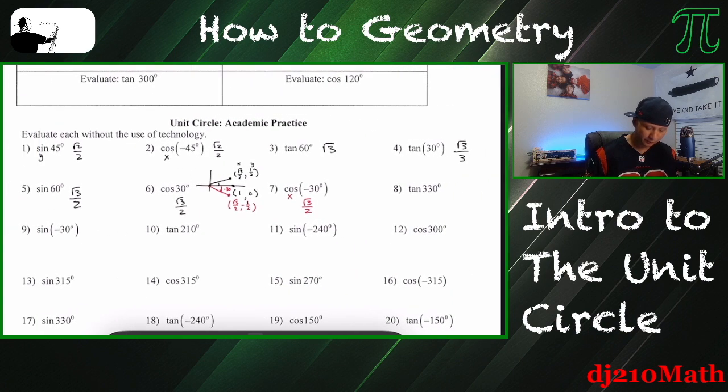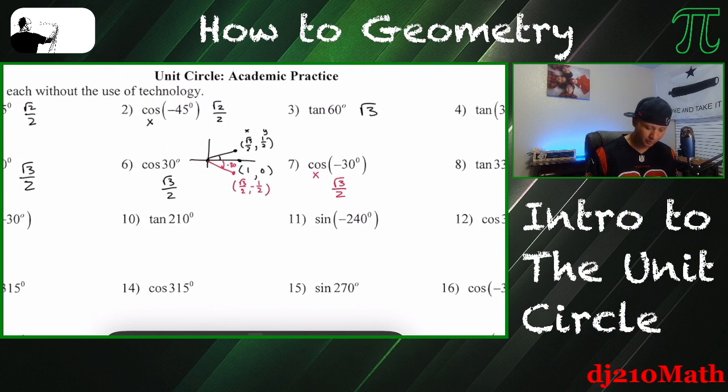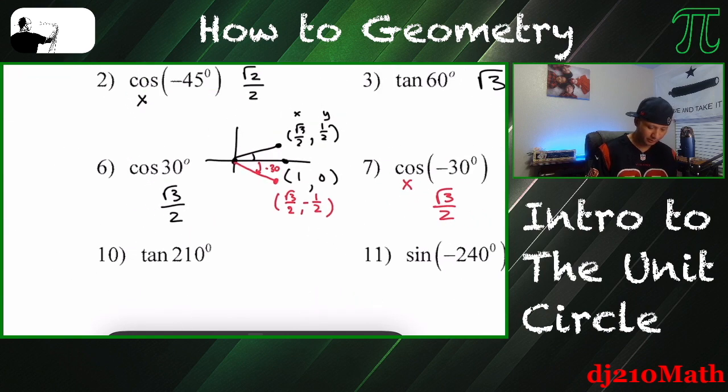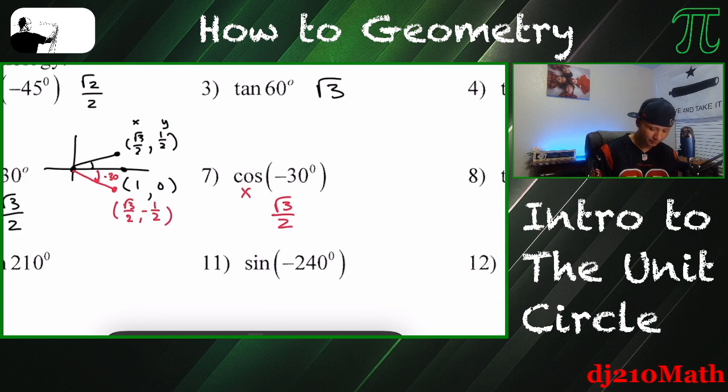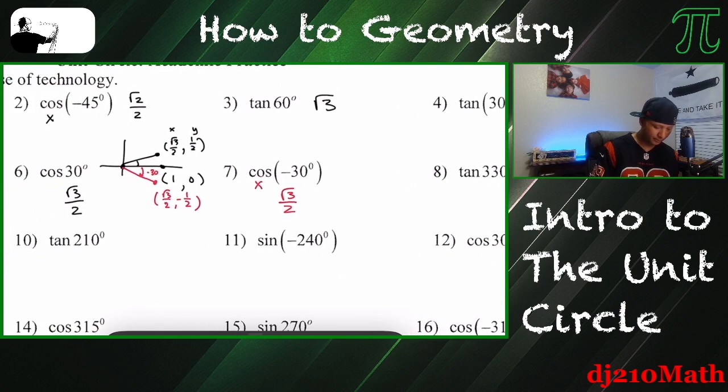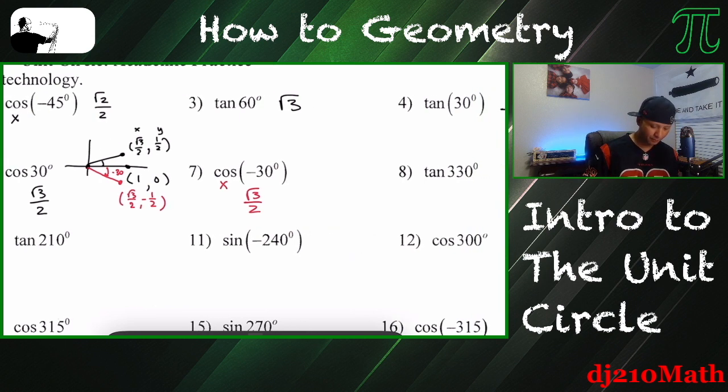Do I want to do tangent 330? Sure. 330, well, that's just this right here. That's the same red line. So 330, that's the same as negative 30. Right, because even if you started at 0 and you went all the way around to 330, that's the same as negative 30. So tangent is going to be y over x.